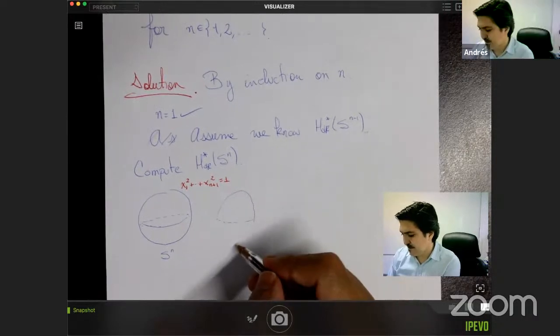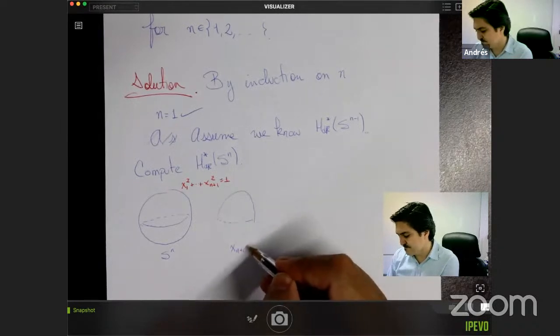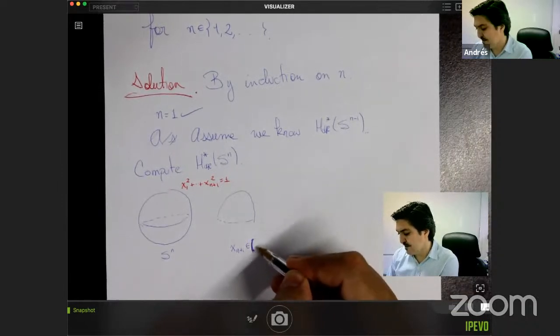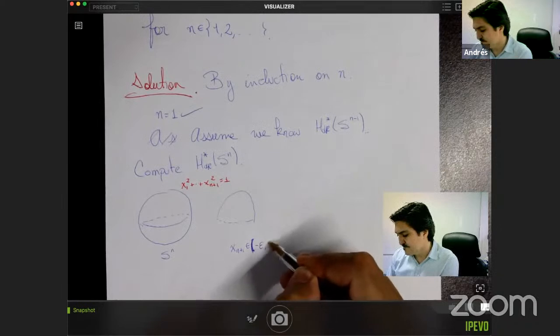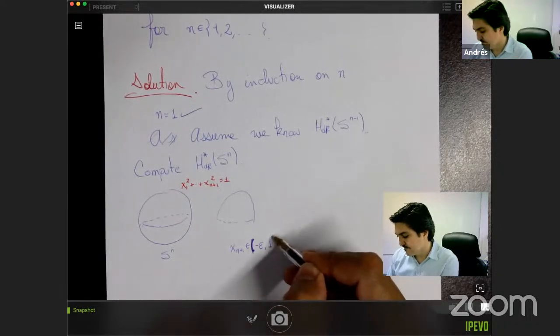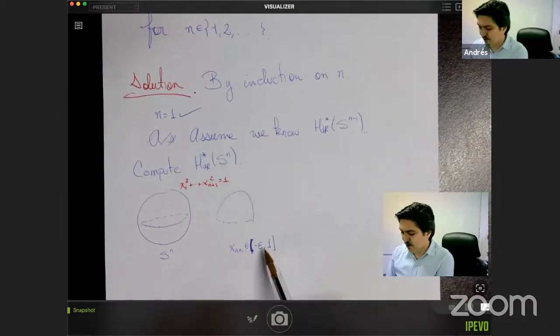So you can put something like this. So x_{n+1}, let's say, sorry, open. Like this, right? So I'm going a little bit below the equator.